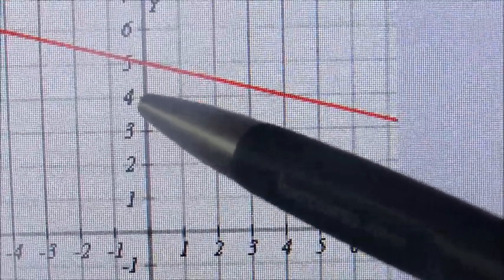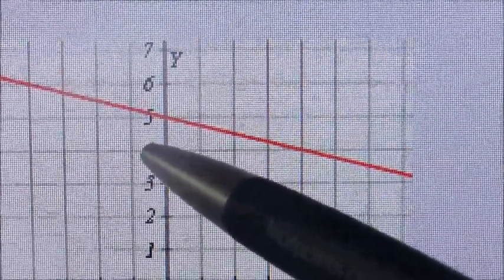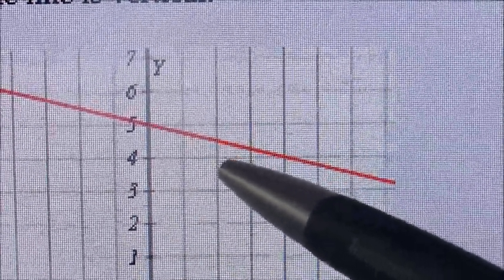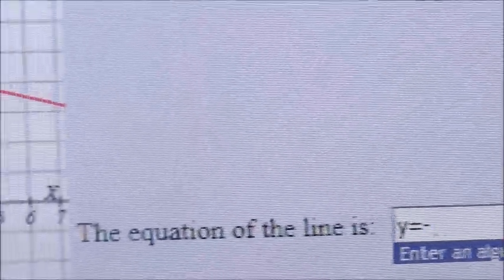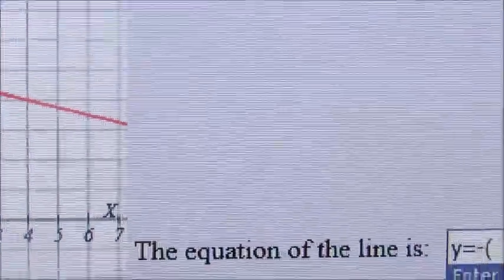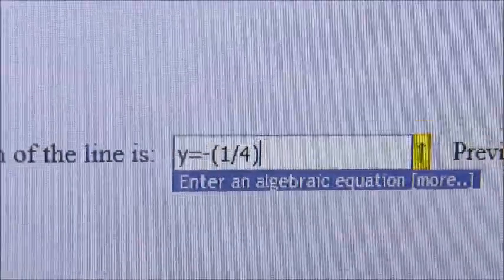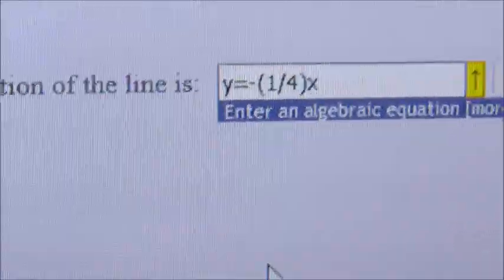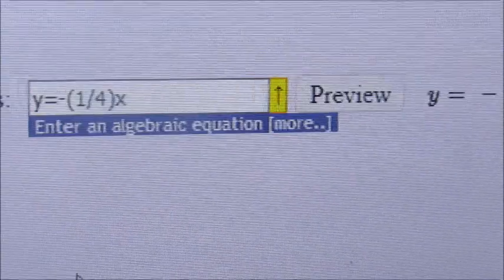So it's going to go down 1, so it's going to be 1 over, 1, 2, 3, 4. So it's down 1, so that means it's negative. And I'm going to put this in parentheses. 1 divided by 4. And then we put our x. And we see that it crosses at +5. So I'm just going to put +5.